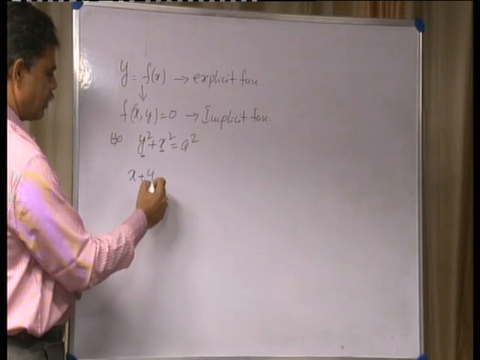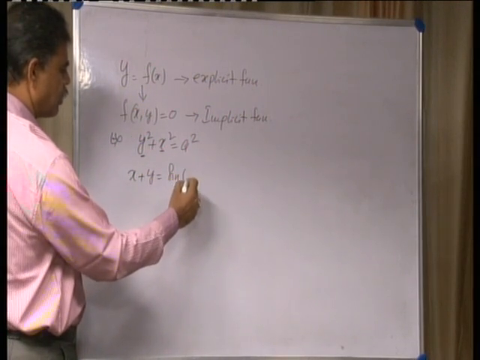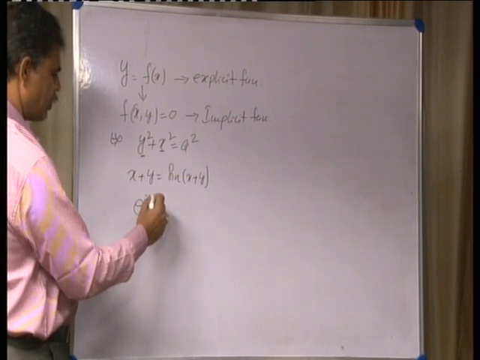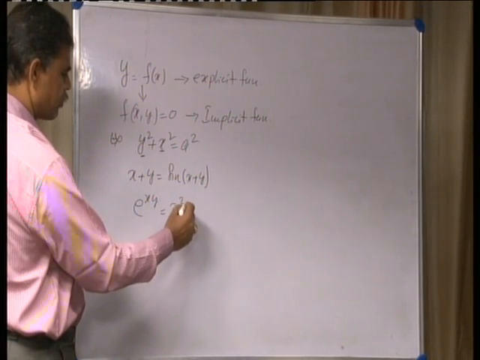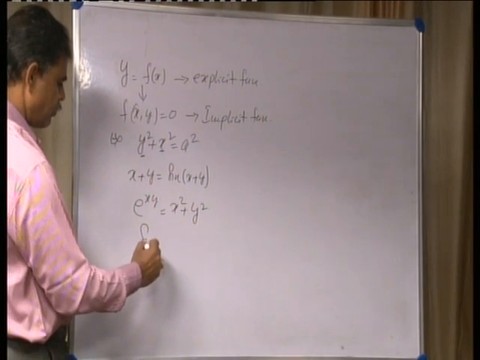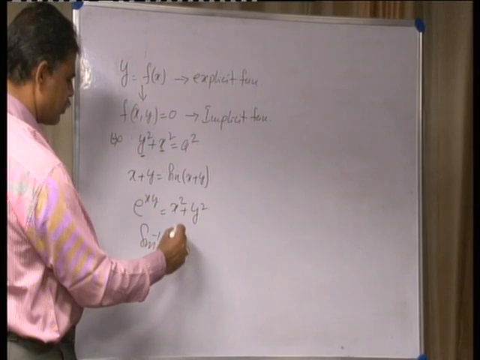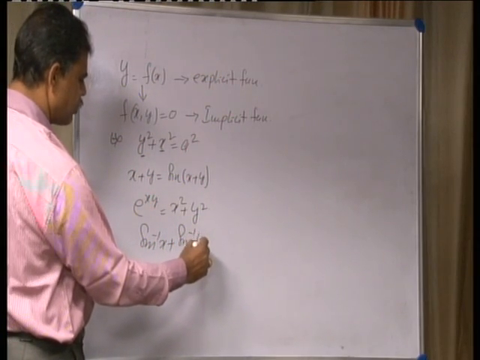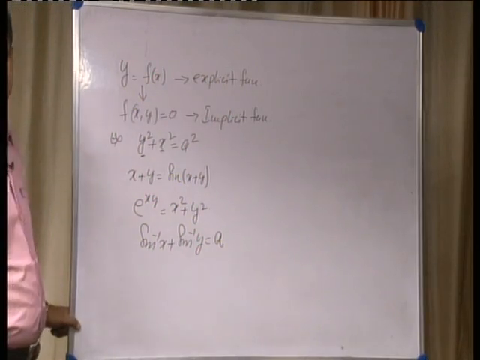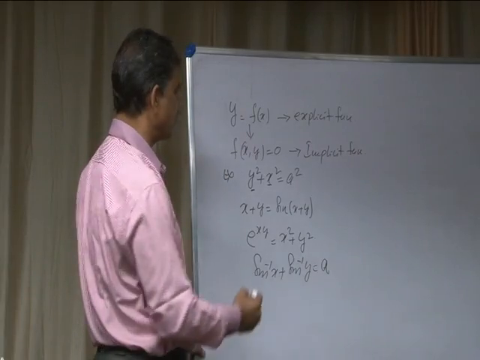Another example: x plus y is equal to sine of x plus y; e power x y is equal to x square minus y square; sine inverse of x plus sine inverse of y is equal to a. They are all examples of implicit functions, right.